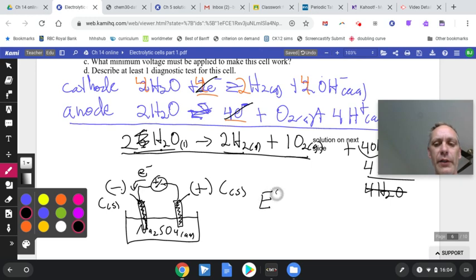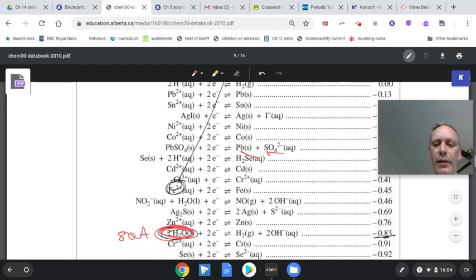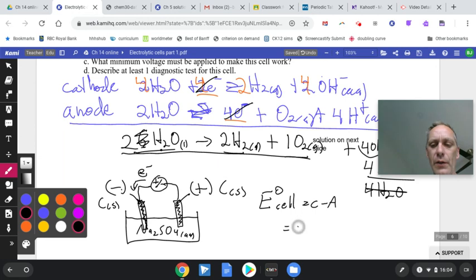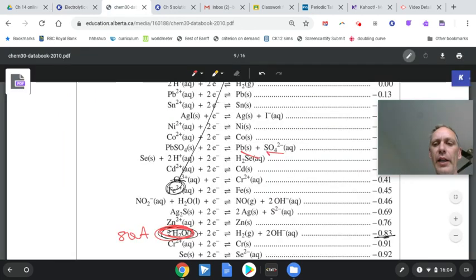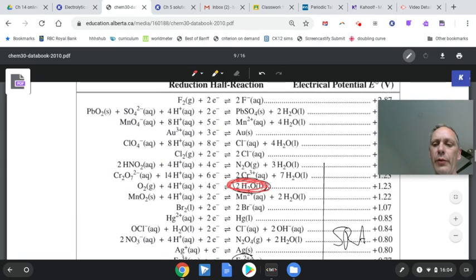Calculate the cell potential. And did I do this one in advance? I did not, so let's take a look at it. Water, so our cathode is negative 0.83. Minus our anode, water way up here, is positive 1.23.